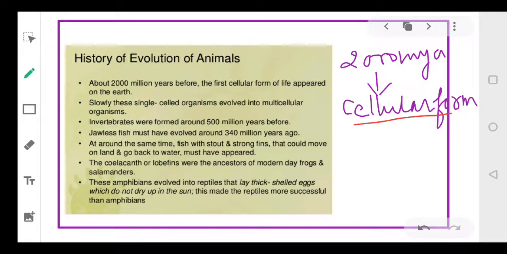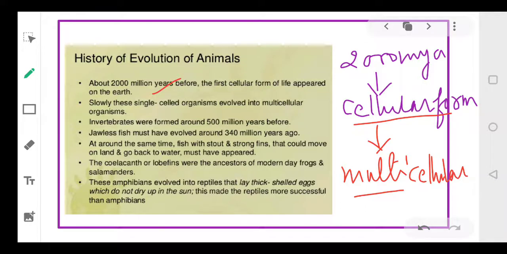This cellular life, or single celled organisms, how this existed, the mechanism is not clear. Approximately 2000 million years ago, the first cellular life appeared on the surface of the earth, and how it appeared is not clear. Then these cells aggregated and collected together to form multicellular organisms. Slowly these unicellular organisms started clubbing together and multicellular organisms were formed.